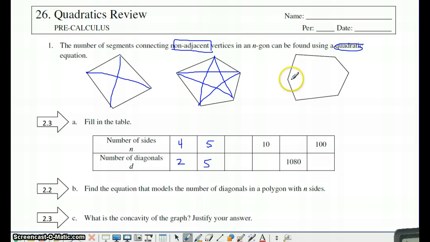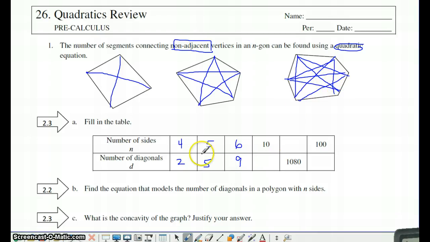And this one has 1, 2, 3, 4, 5, 6 sided figure. 1, 2, 3, 4, 5, 6, 7, 8, 9, and that's all of them.